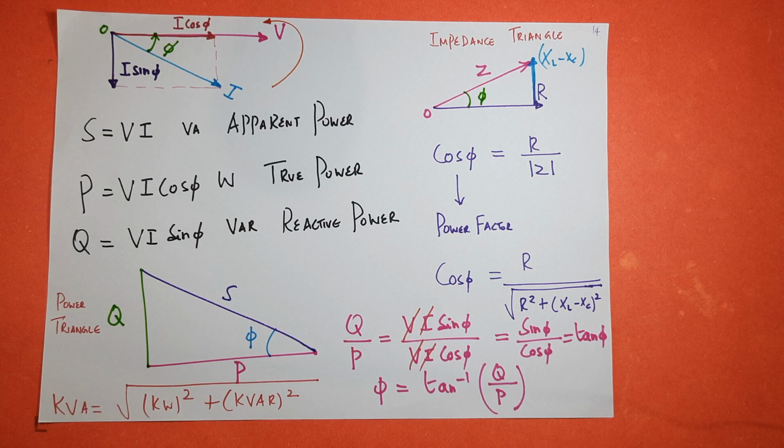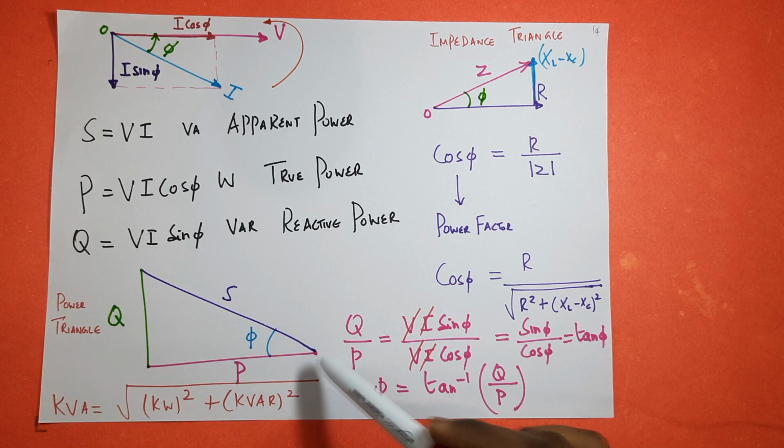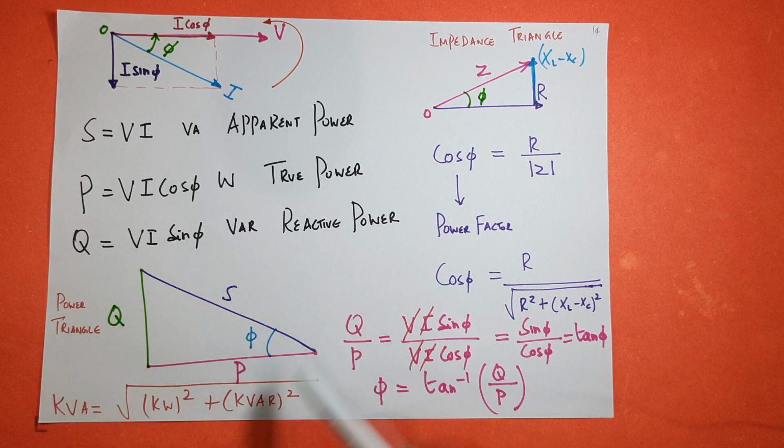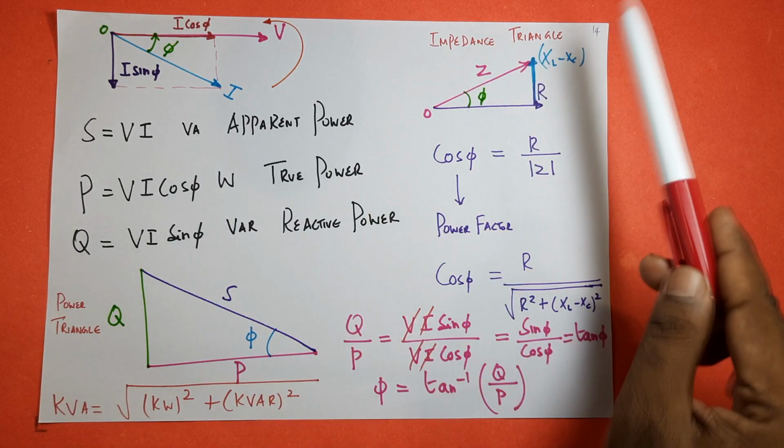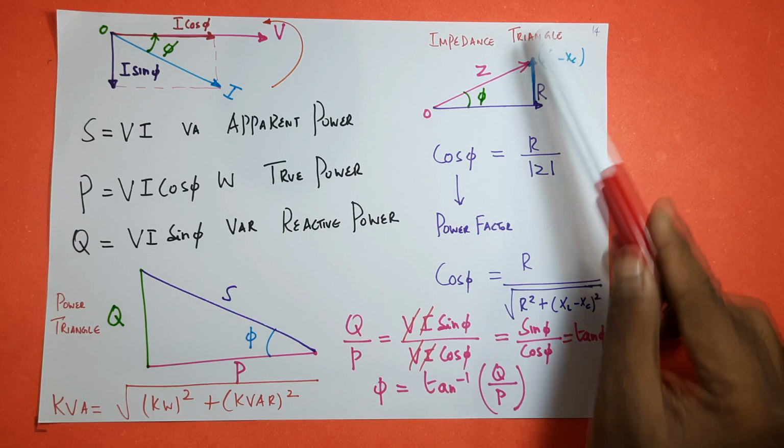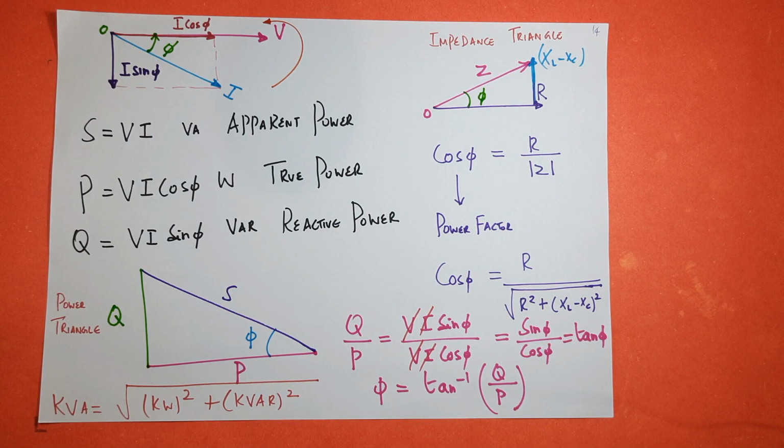Okay. So these three powers, apparent power, true power, and reactive power, are related by this diagram. It is called a power triangle. This triangle is called an impedance triangle. See, all are phasors.